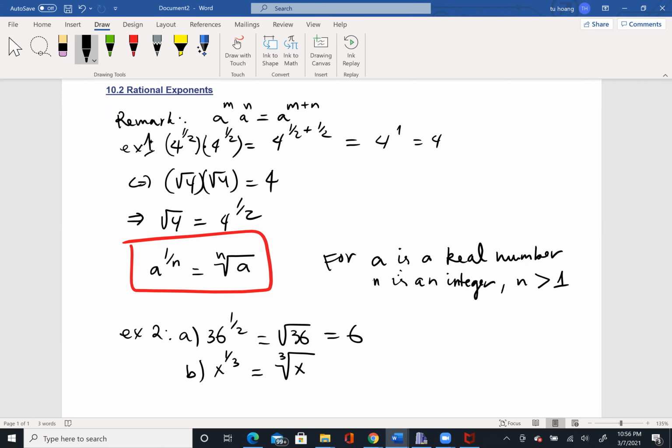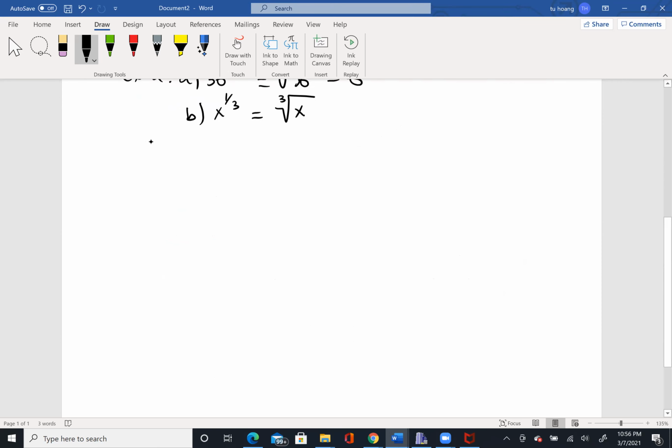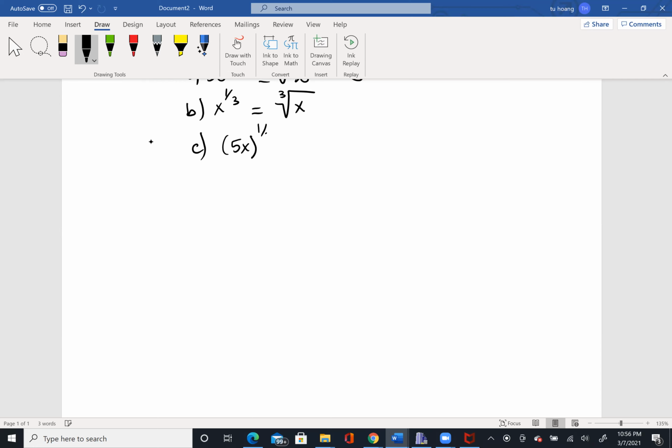And I have another one, 5x to the power 1/2. How can I write this? This is going to be the square root of 5x. Easily.